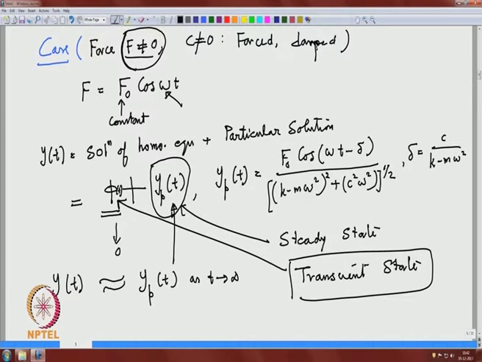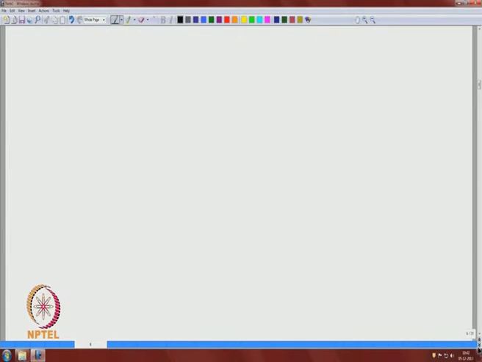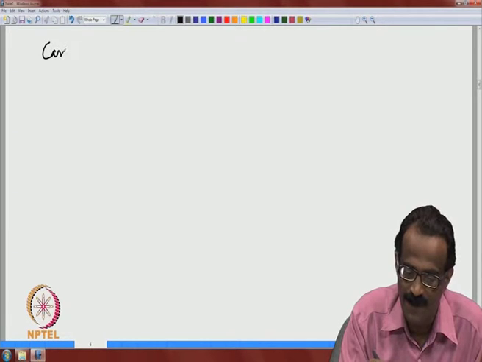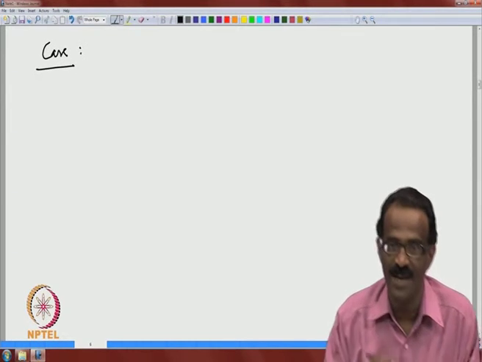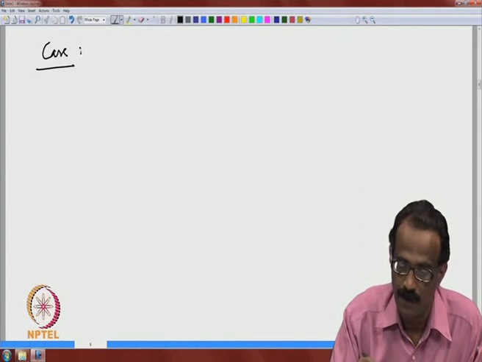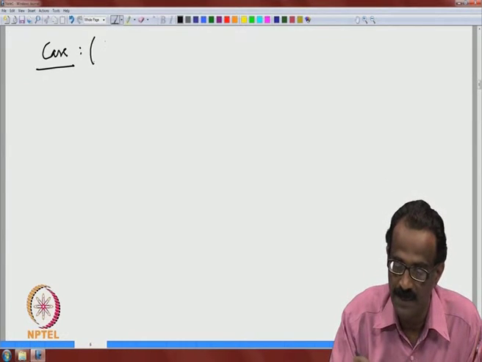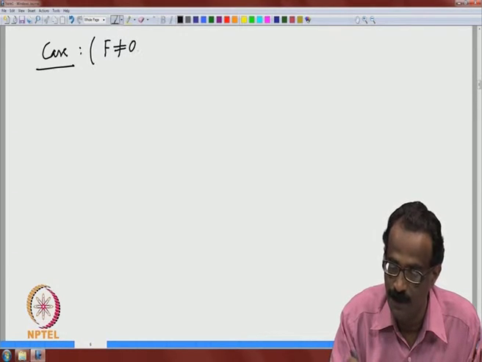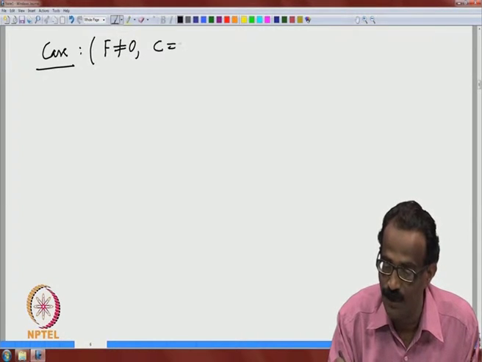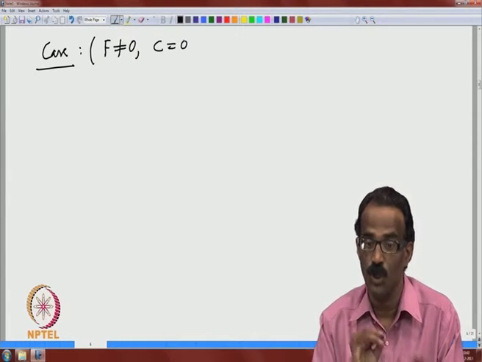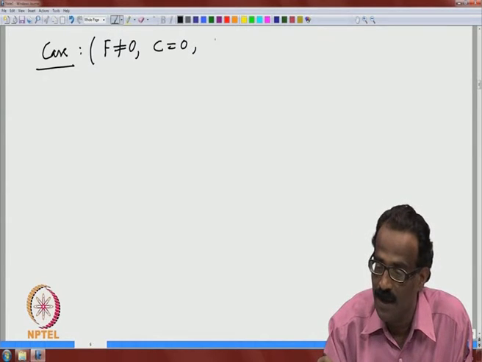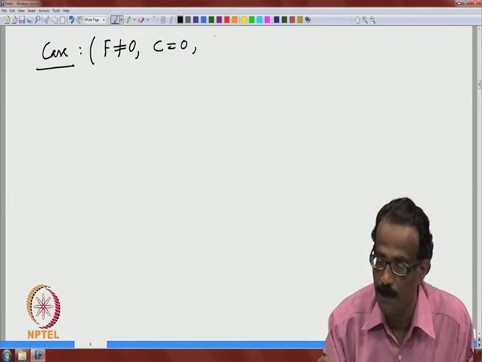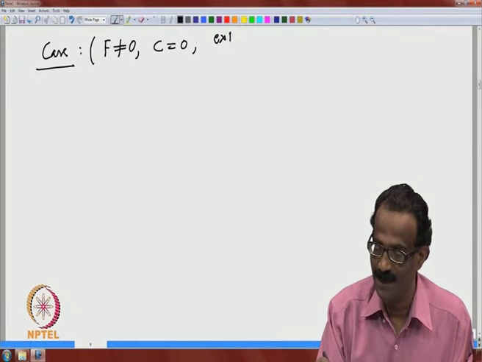So, now we come to the last part, the next case, the more interesting and difficult case. This is the case where F is not equal to 0, but c equal to 0. You see, there is no damping, but the external force is there.